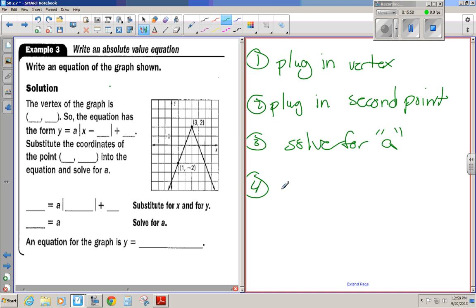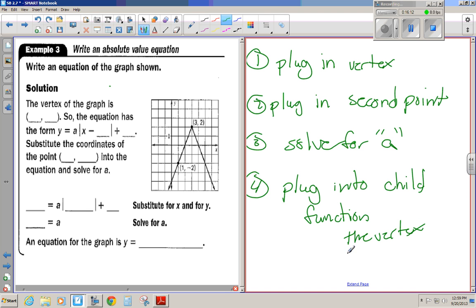And then the final step is to plug into the child function the vertex and the a value. X and y stay for your final answer. So add these notes to the side and then go ahead and give them a try. Okay, so follow those 4 steps when you're doing this example problem.